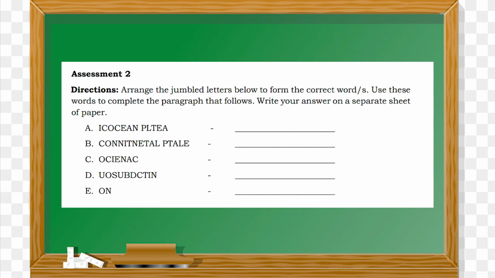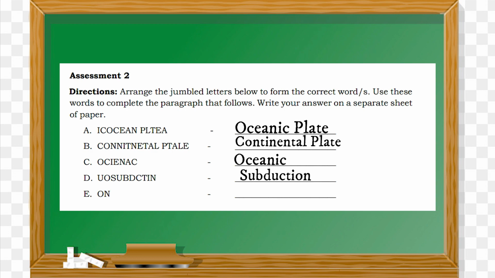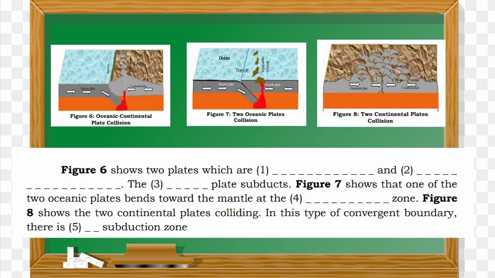Let us now answer Assessment 2. Fill in the blanks with the correct word or words to complete the following statements. Figure 6 shows two plates which are oceanic plate and continental plate.